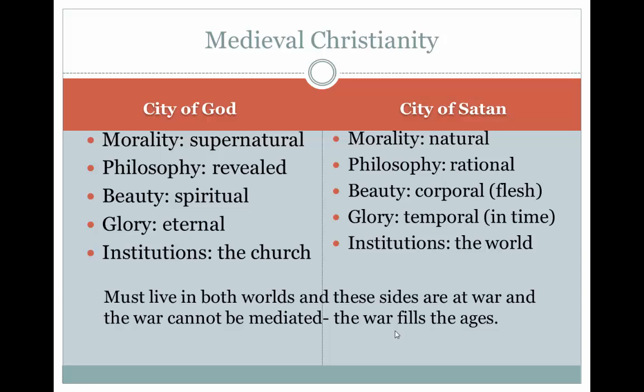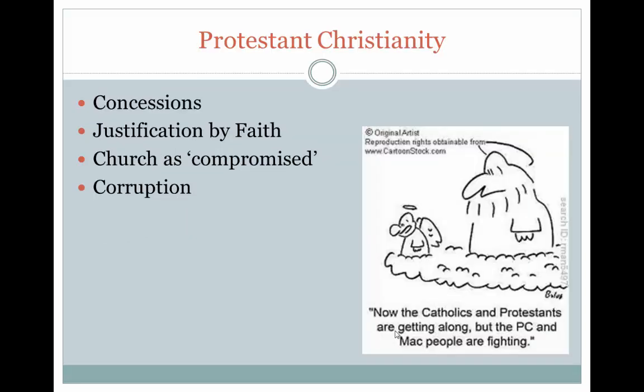When you think about morality, you have God's revealed philosophy and supernatural morality, or you have the sort of natural beauty around you, the rational philosophy, thinking about the beauty in flesh and time. And we cannot escape living in both of these worlds. And for medieval Christians, this is what fills all the history books, is the war between these two sides. But if you try to escape this tension, then you are corrupting the church. And that's what they thought was happening with the Catholic Church at the time.